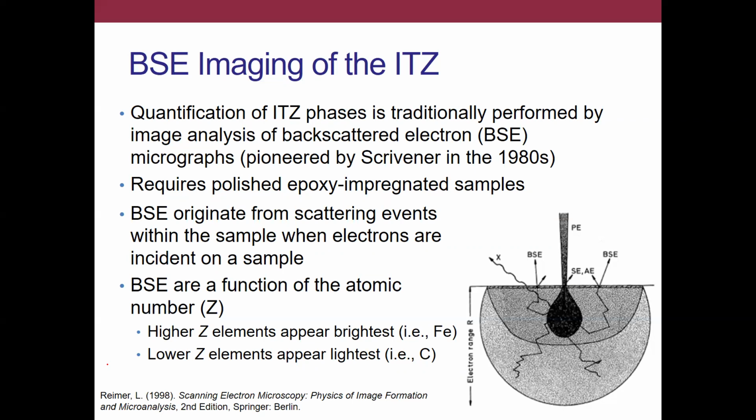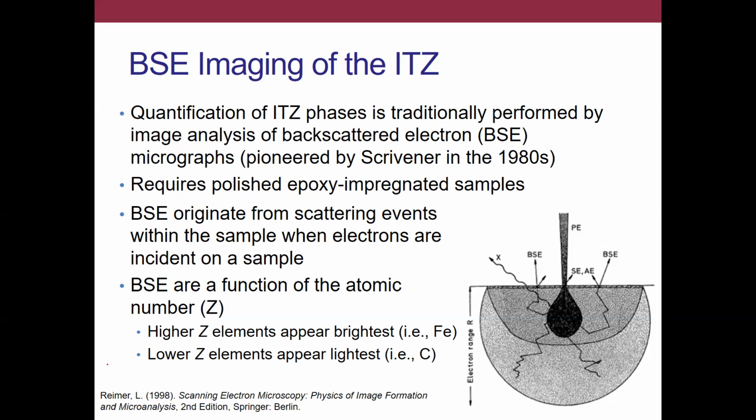In an electron microscope, when electrons are incident onto the sample, there are a number of scattering events. There are a number of different electron energies that will be detected, one of which is something known as backscattered electrons. Those are the electrons that have been generated from interactions with the electrons that penetrate the surface of the material, and then they exit again.